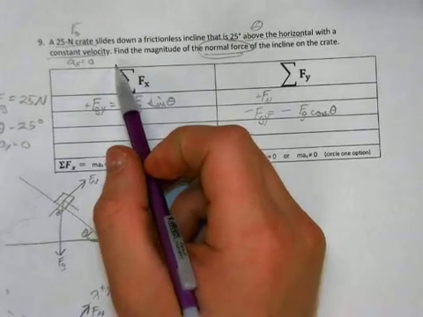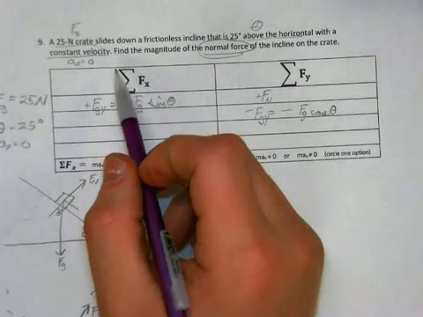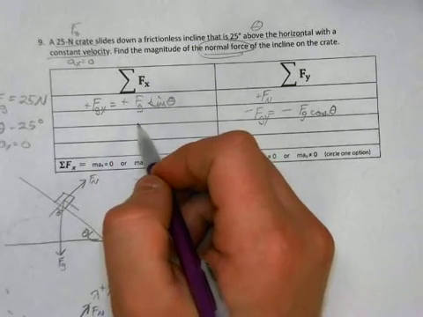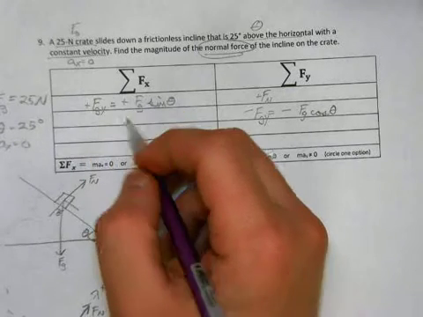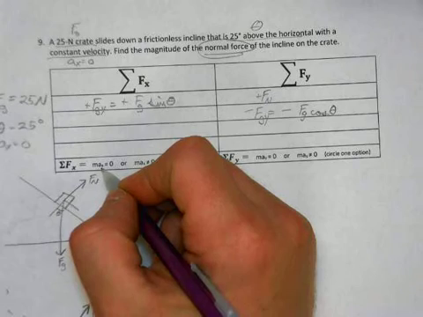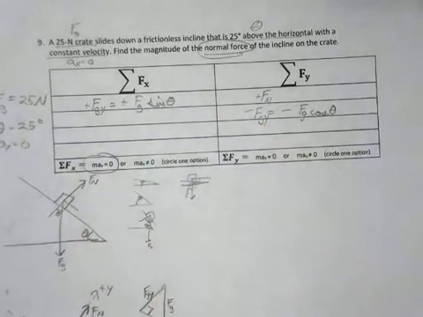This problem states that the crate is moving with constant velocity, so because the acceleration is 0, we would say the sum of those forces equals ma, as it always does, Newton's second law, and we would circle 0. Now, one of you at least questions this, that we only have one force.